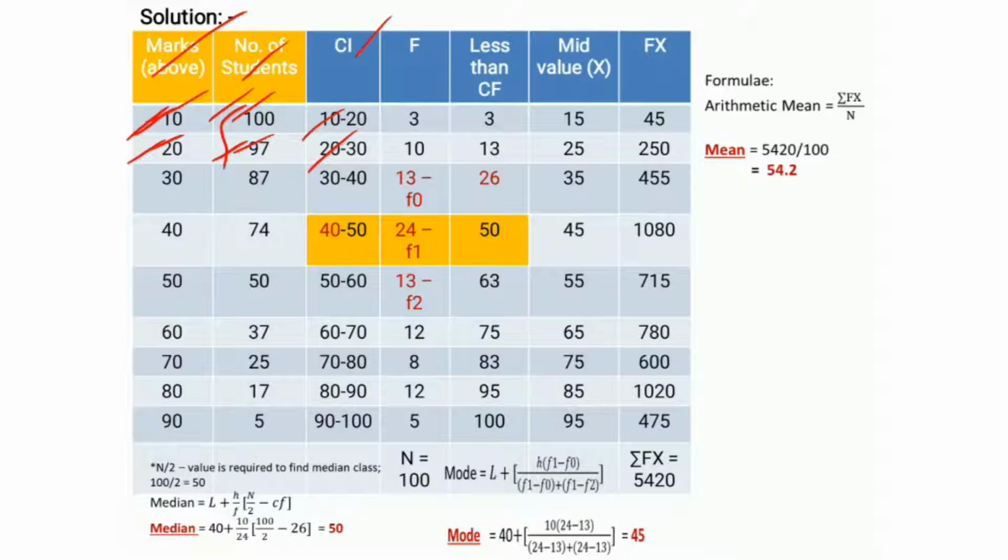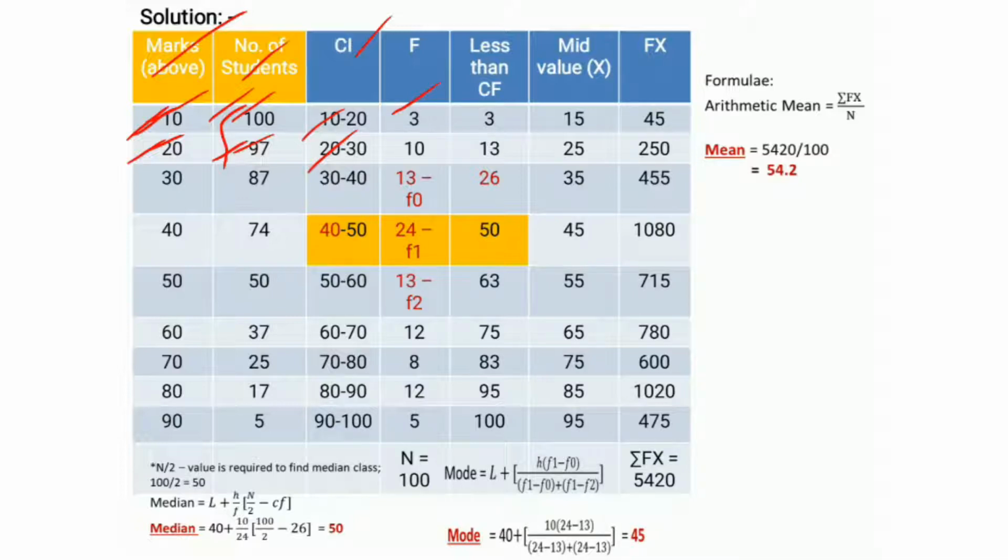The students scoring more than 20 marks is 97, but the students scoring more than 10 marks is 100, so students scoring more than 10 but less than 20 is 100 minus 97, that is the frequency, 3. Similarly, you follow the procedure for getting the frequency value for all the class intervals.